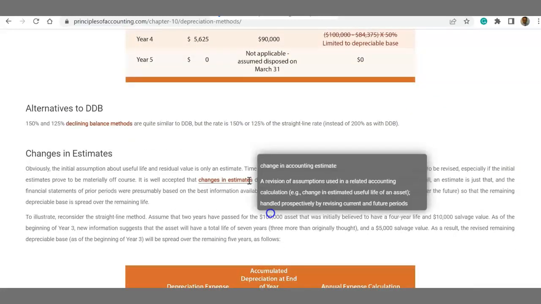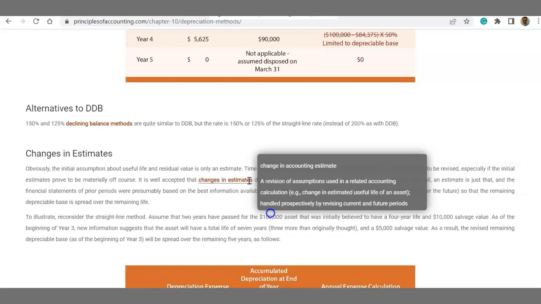In regards to change in estimate, let's say change in estimate of useful life or change in estimate of salvage value, that's okay. You can change that estimate anytime you think it's appropriate. And if you change those estimates based on the available book value of your equipment, you need to recalculate your depreciation expense from that moment forward.